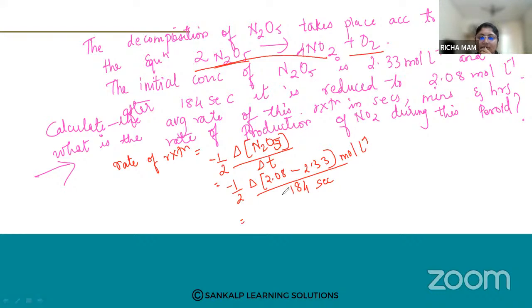First find the difference, 2.08 minus 2.33. I'm getting minus 0.25. Minus of this is plus, so it becomes plus 0.25. Then 2 into 184 becomes 368. So 0.25 divided by 368, it is 0.